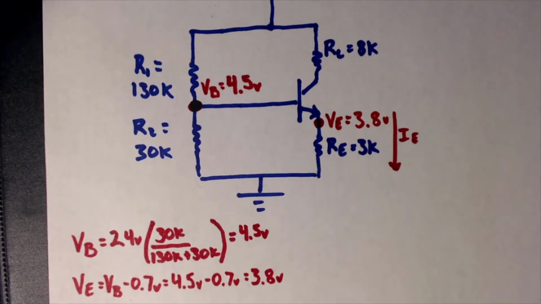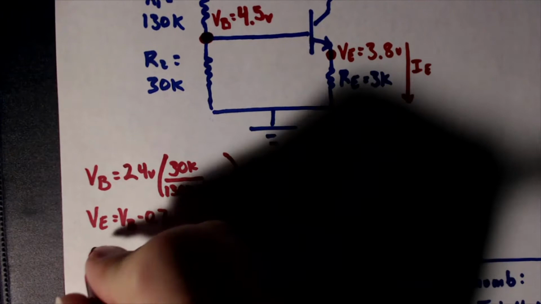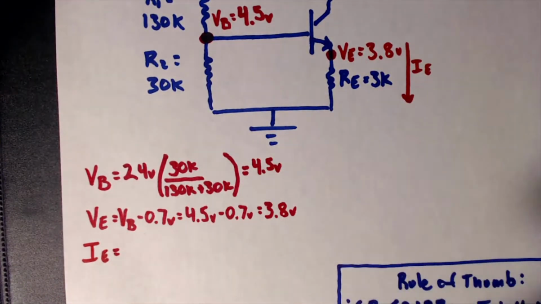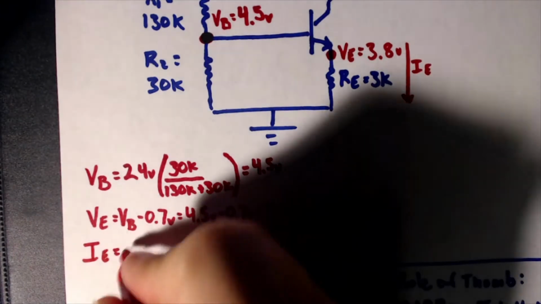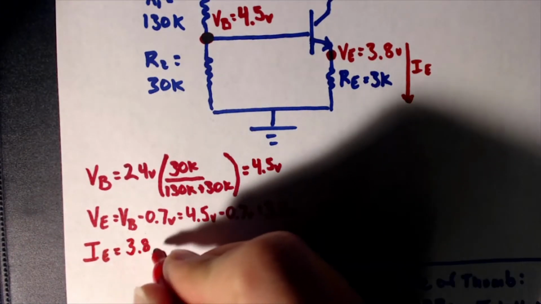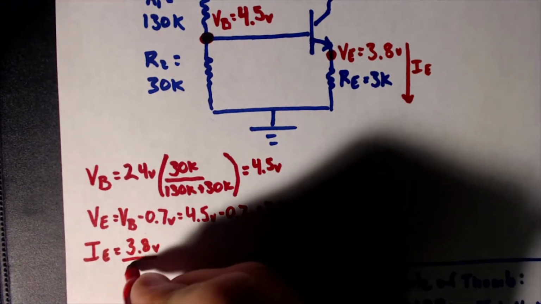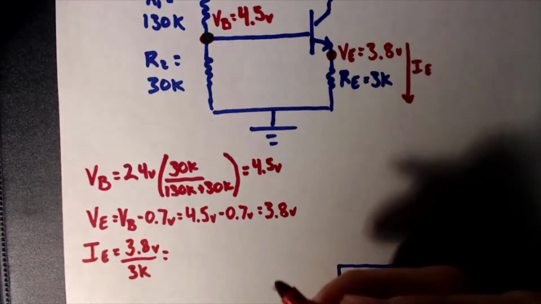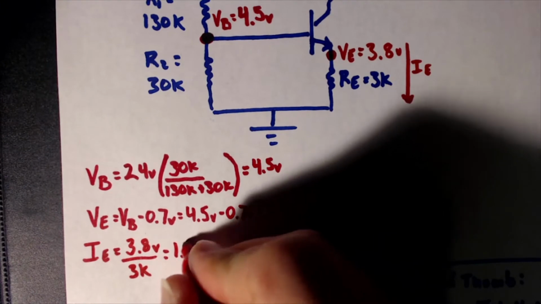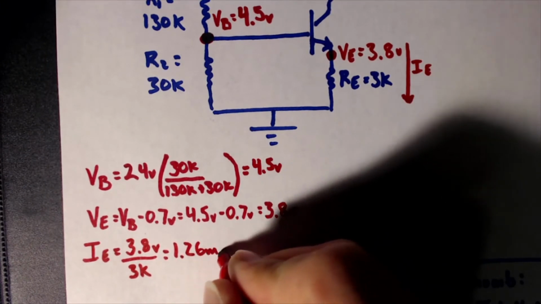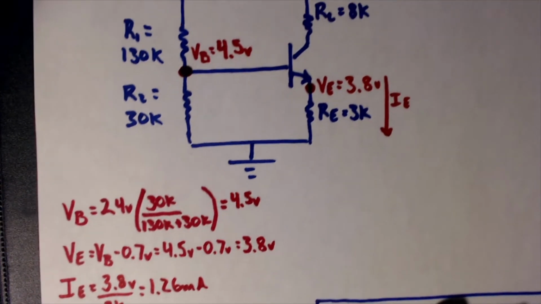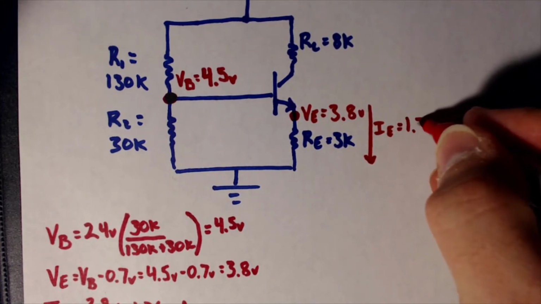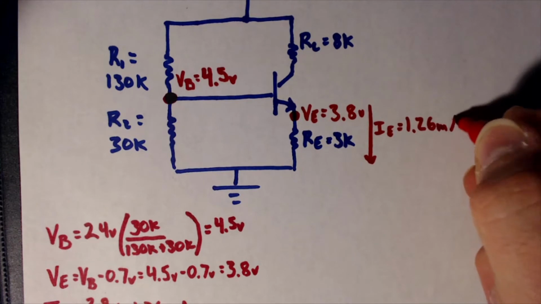So I sub E is equal to 3.8 volts divided by 3K. That ends up being equal to 1.26 milliamps. So I sub E we found to be 1.26 milliamps.